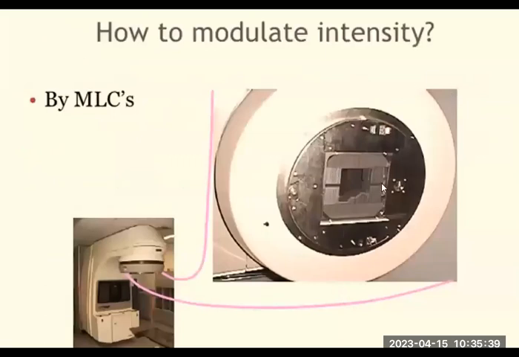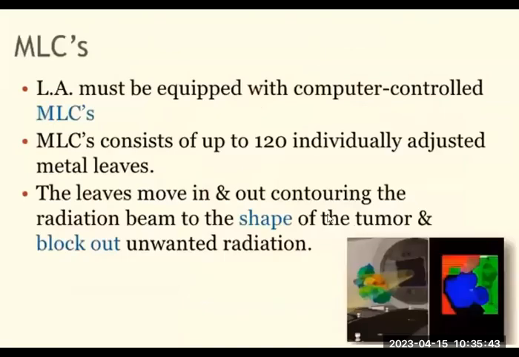There will be 120 individually adjustable metal leaves, and the leaves will move in and out, which controls the radiation beam with respect to the shape. It will block out the unwanted radiation and avoid radiation leakage. So it should be computer programmed.